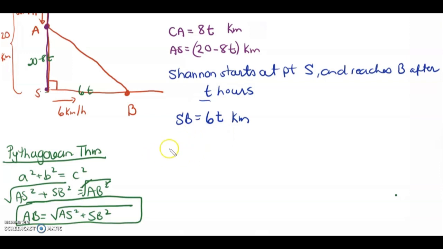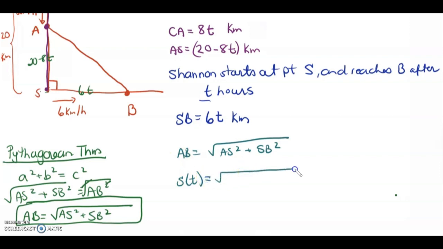So let's use the formula AB, which is going to be the distance that they are apart, right? AB equals the square root of AS squared plus SB squared. Let's actually call this the distance at time t.